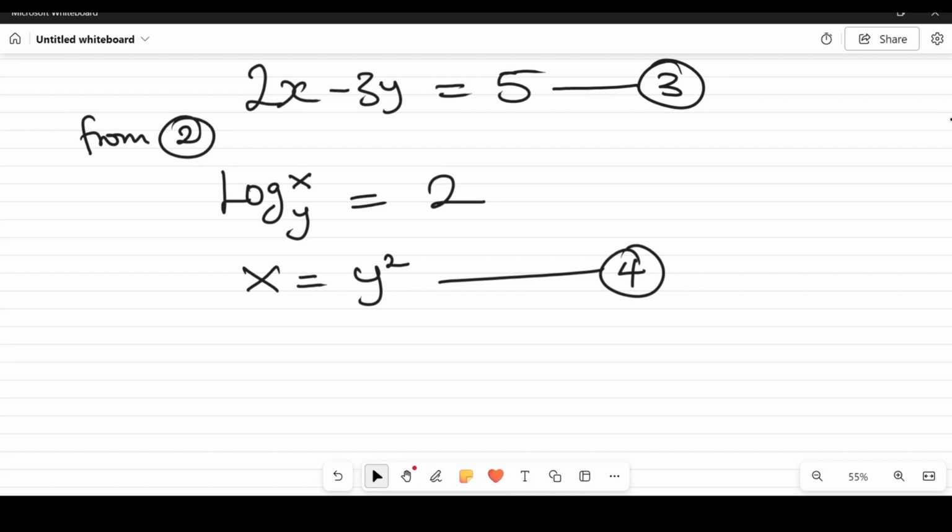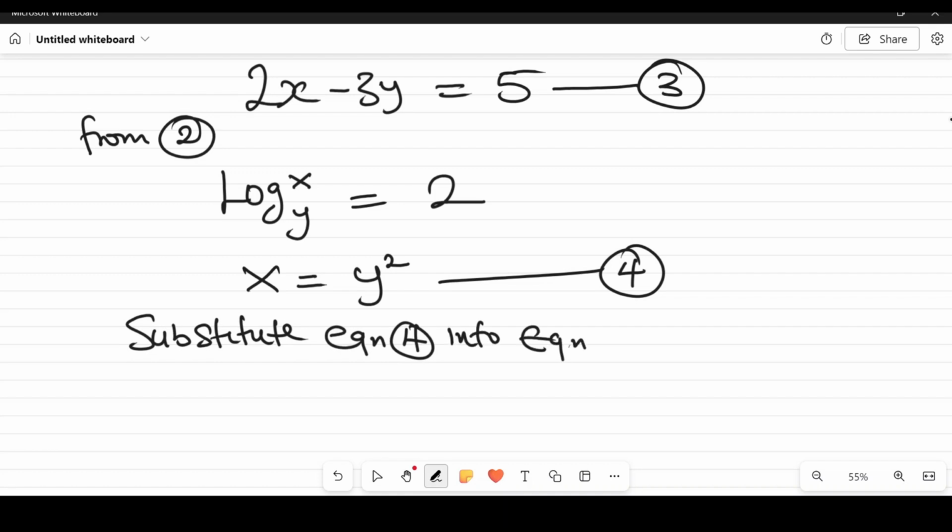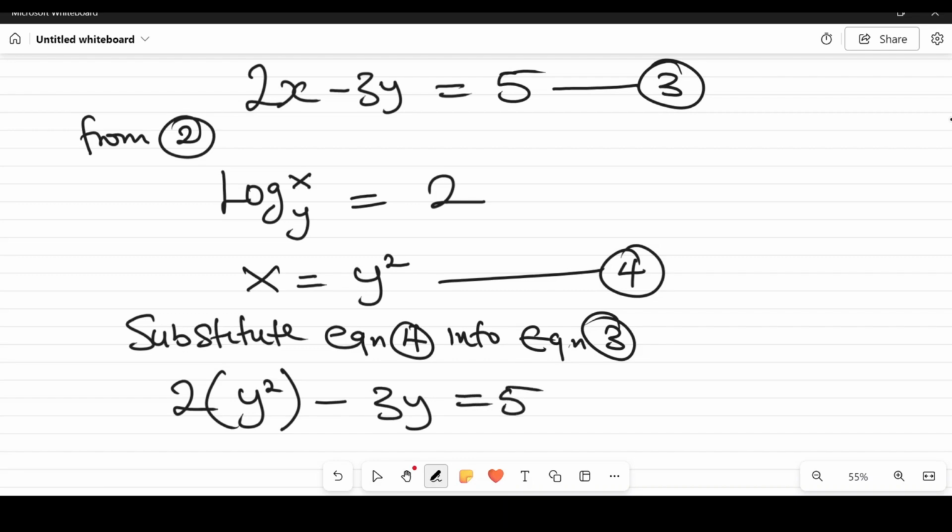For us to find the values of x and y, we have to substitute equation 4 into equation 3. So this becomes 2 open bracket y squared close bracket minus 3y equal to 5.